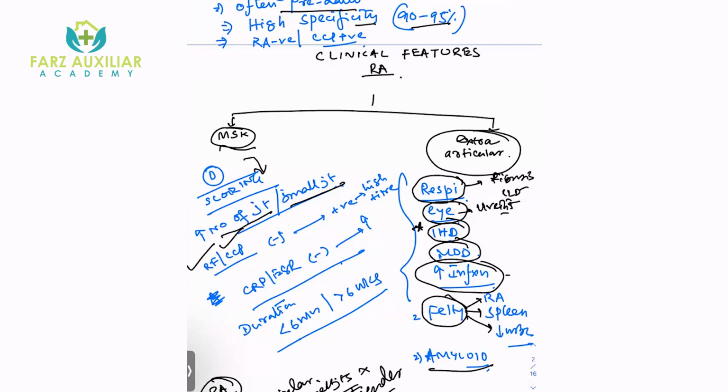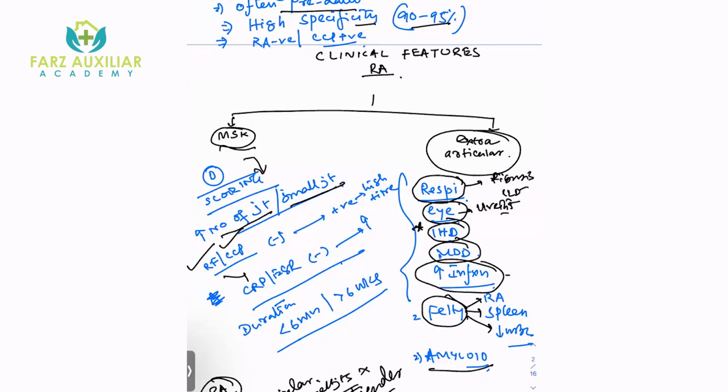So the more positivity, the higher the chance of rheumatoid arthritis. Again, remember, even if RF is negative, it can still be rheumatoid arthritis, but those are seronegative rheumatoid arthritis.